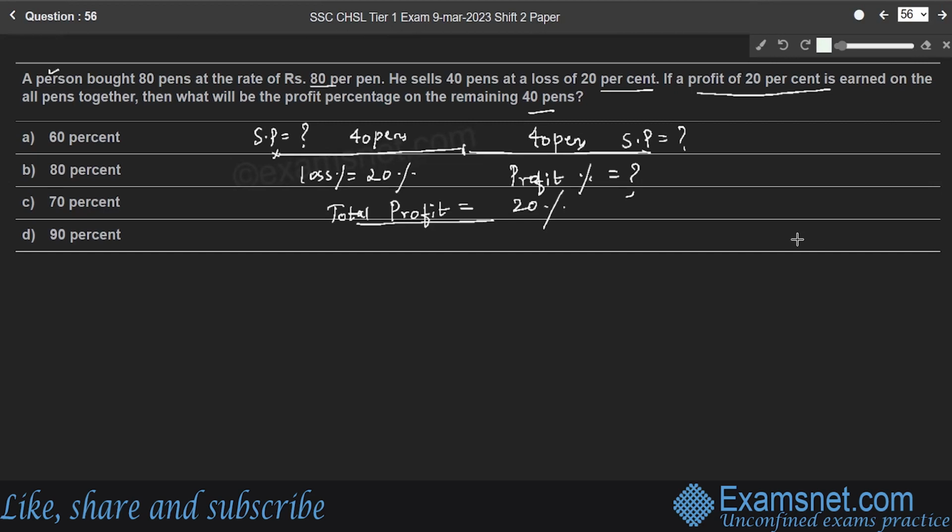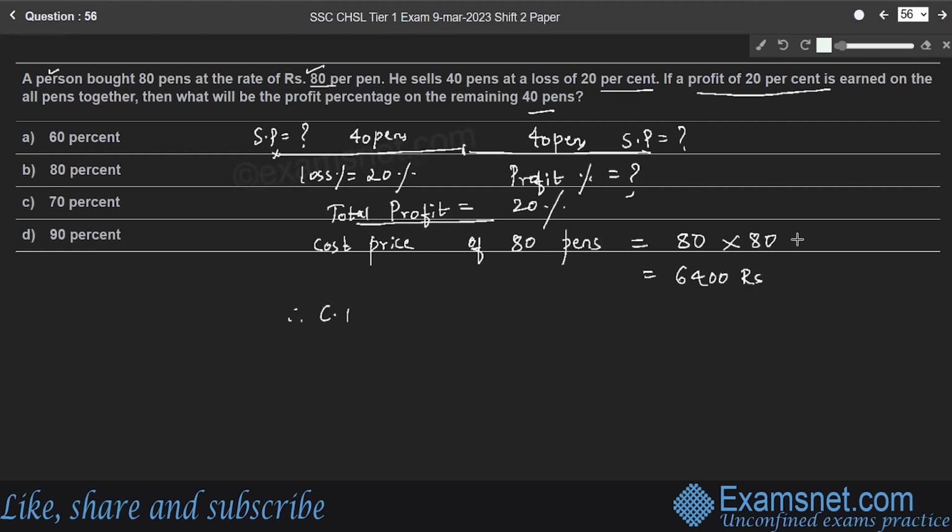So here, cost price of 80 pens: each pen costs 80 rupees, so for 80 pens it is 6,400 rupees.